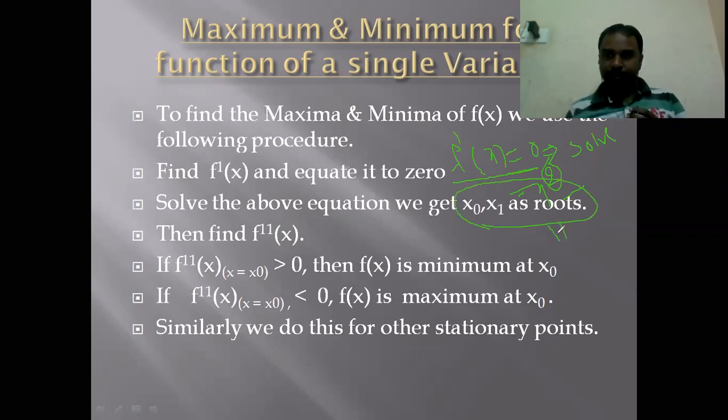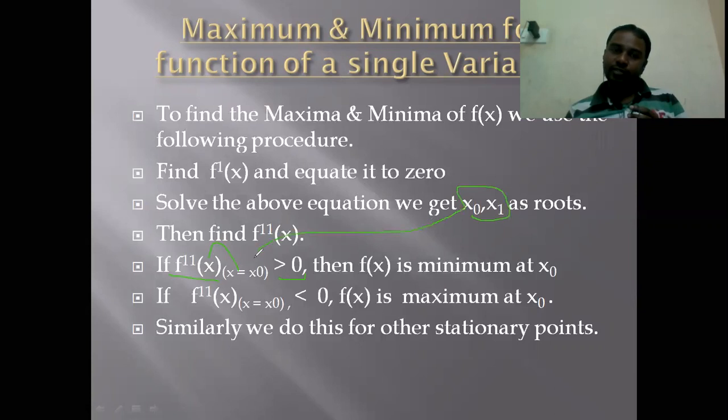After finding the roots, we find the second order derivative of the function. Based on the second order derivative, we decide. After finding it, we substitute each particular point, and check every point we have got.